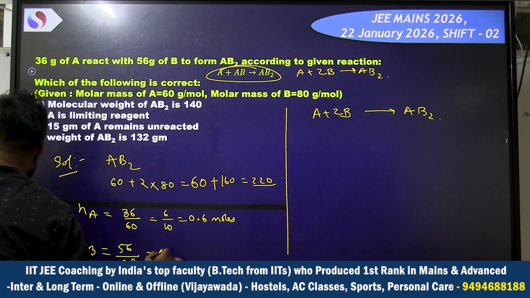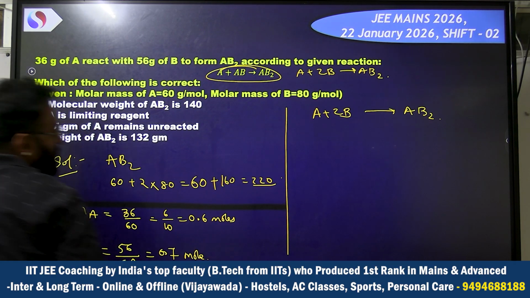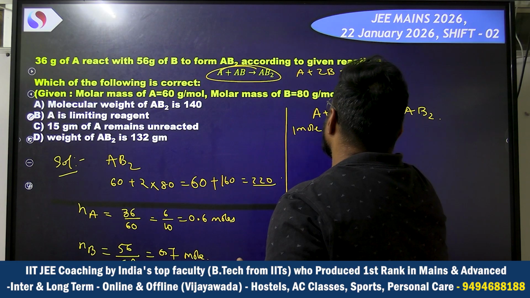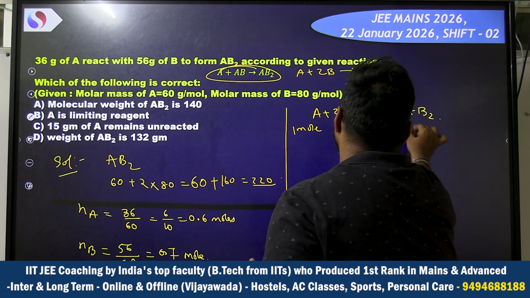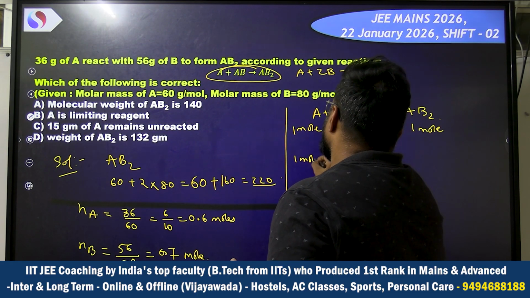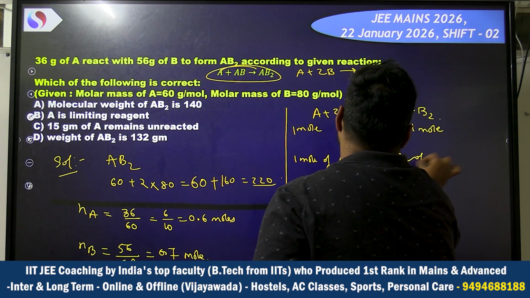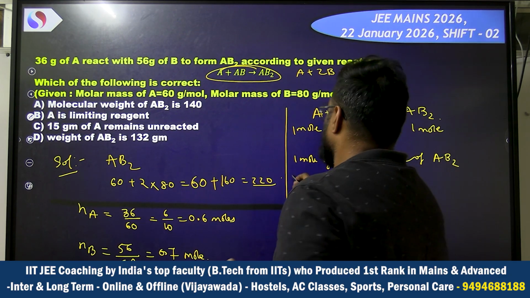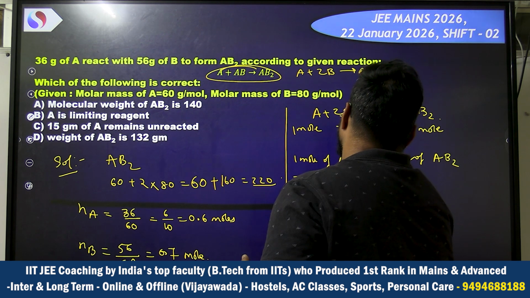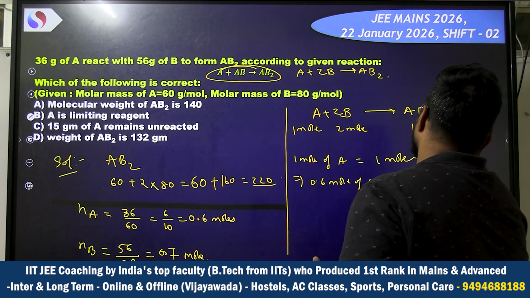So this will be 0.7 mole. From the equation I can see 1 mole, 2 mole, 1 mole. So 1 mole of A is equal to 1 mole of AB2. 0.6 mole of A is equal to 0.6 mole of AB2.